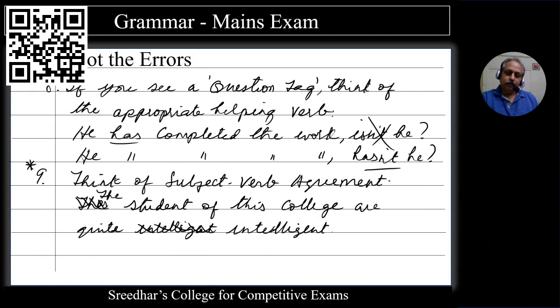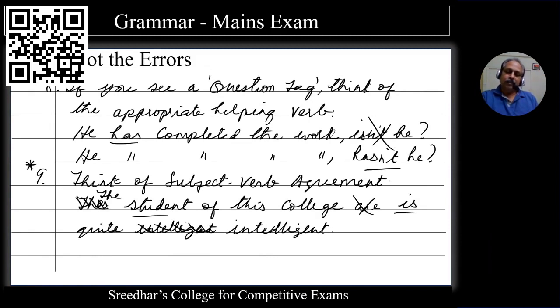Let me use the specific. The student of this college means a particular student. The student of this college, someone we are talking about, he is a student of this college. The student of this college are quite intelligent. What is the subject here? Student. And we cannot say are. It should be the student who belongs to this college is quite intelligent. The student, that particular student of this college is quite intelligent. Subject verb agreement.